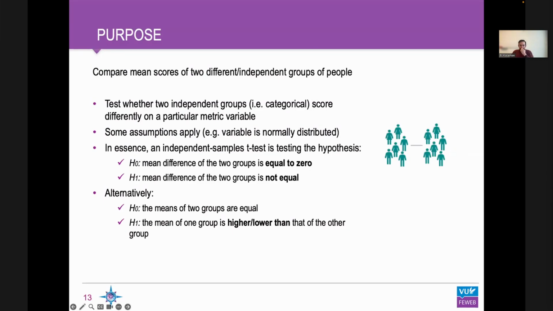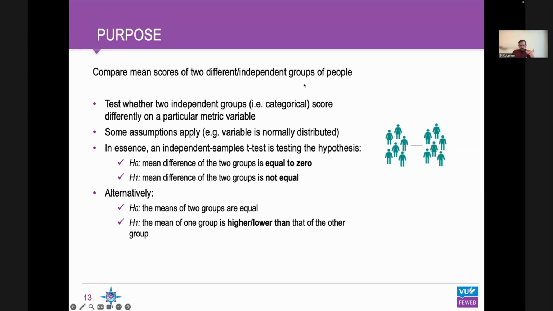Okay, let's look at the independent t-test, independent sample t-test, or two sample t-test, as it might be called in other sources. Here, the purpose is to compare mean scores of two different and independent groups of people or elements, or basically observations.